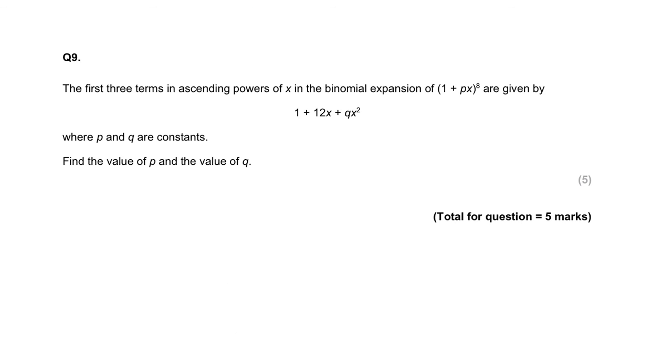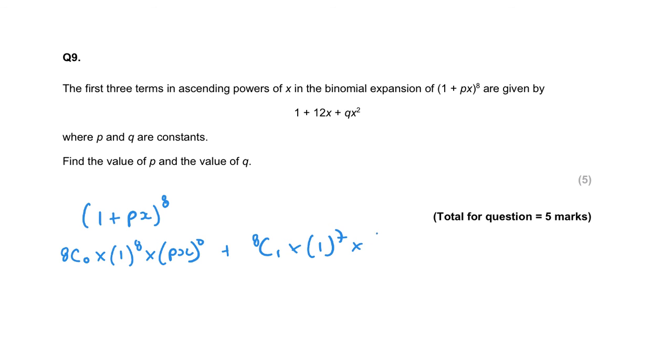Okay, so question 9. Let's start expanding this. So (1 plus px) to the power of 8. And we just want the first three terms. So the first term is 8c0 times 1 to the power of 8 times px to the power of 0. Plus 8c1 times 1 to the power of 7 times px to the power of 1.